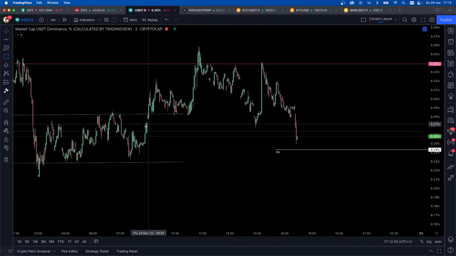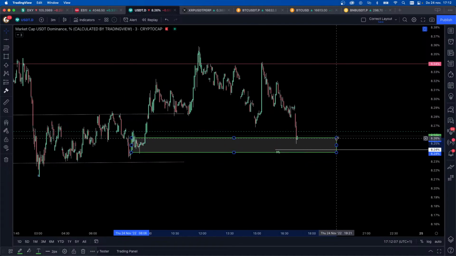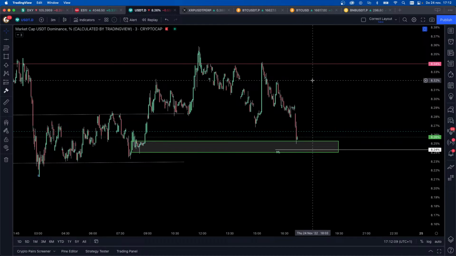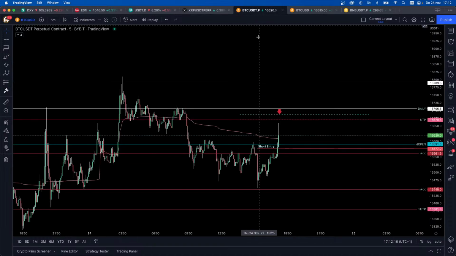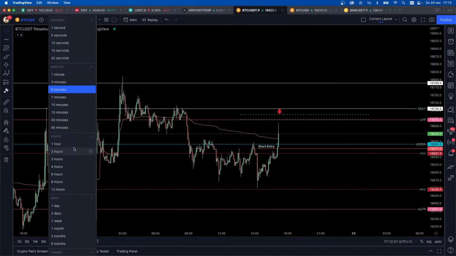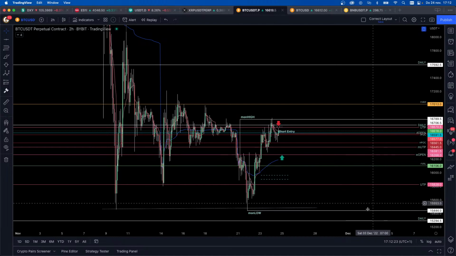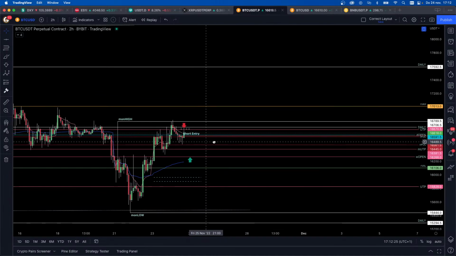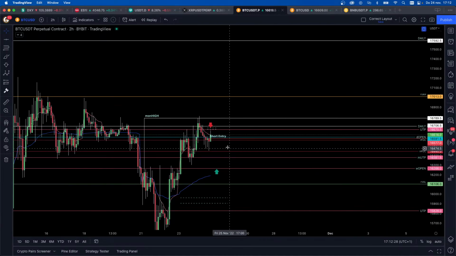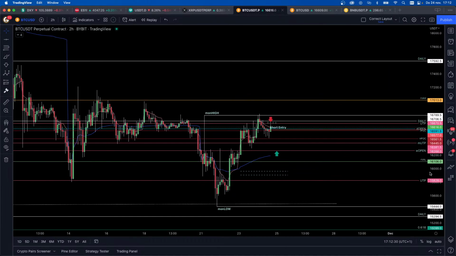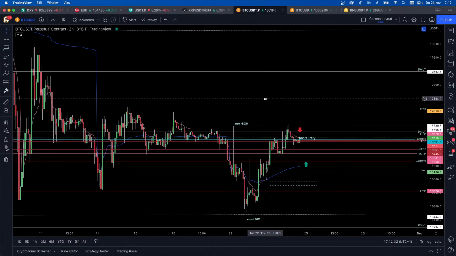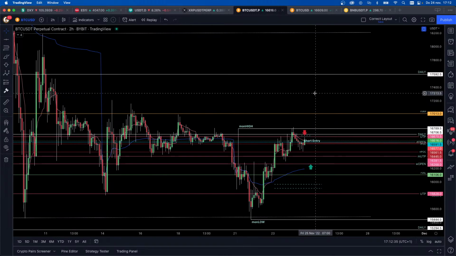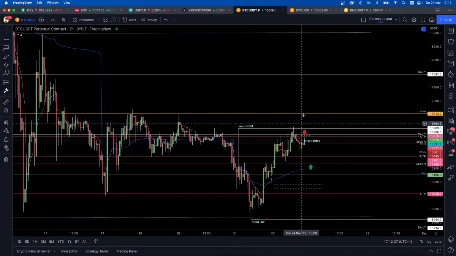This is like your last level of support. And then it could just break out. If it doesn't reject that level, it will break higher.